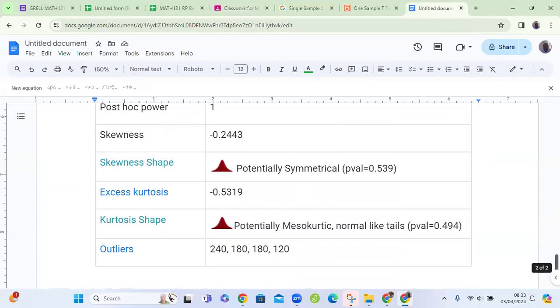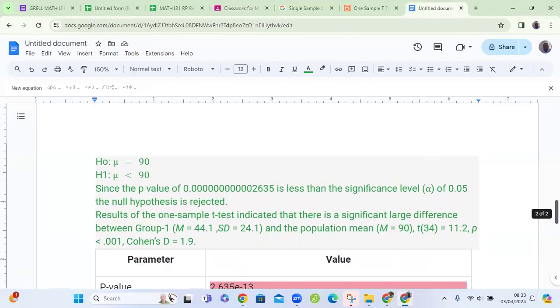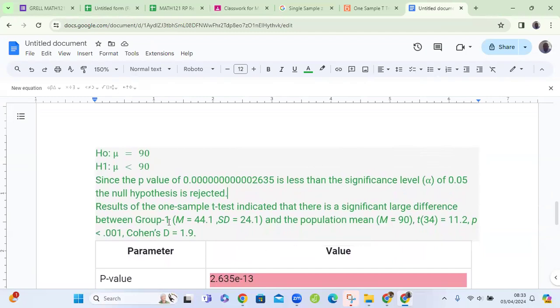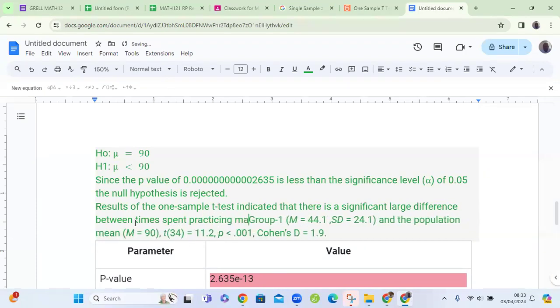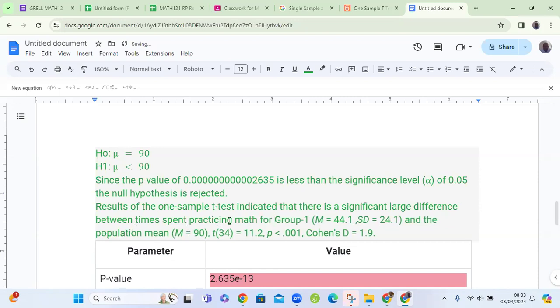That's your second table. And we are talking about, for the mean, let's specify that it's between the groups. Yes, we're talking about time. So between the times spent practicing math, for group 1, which is the sample, and the population.